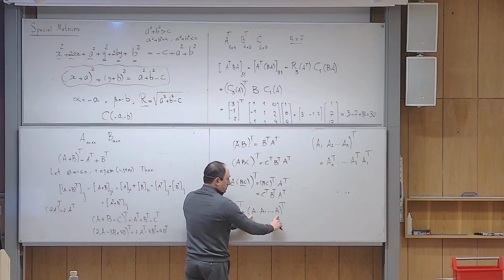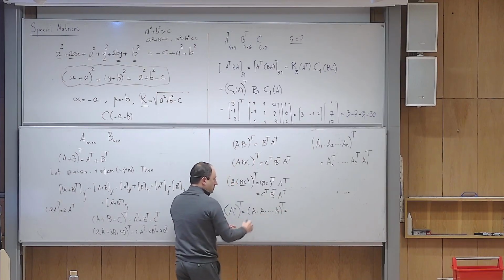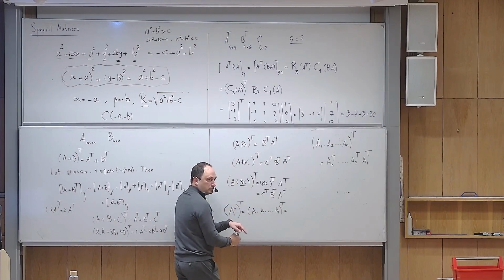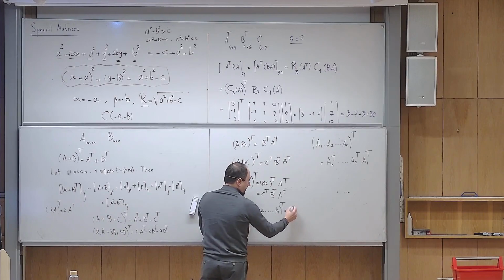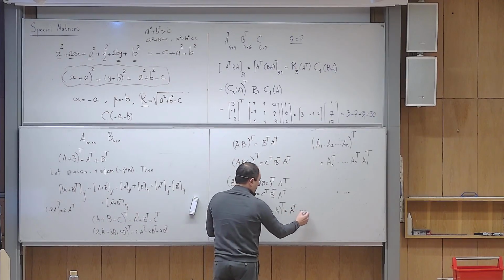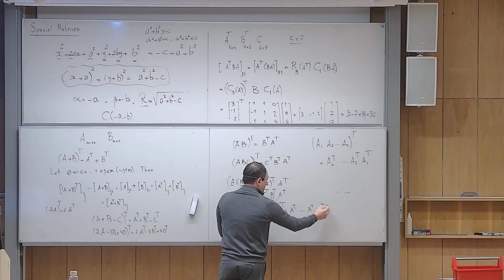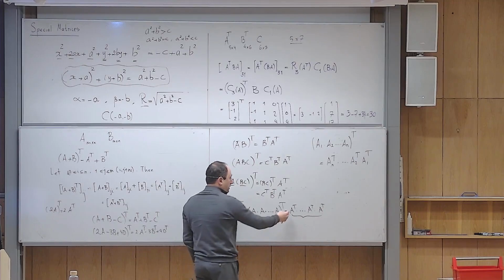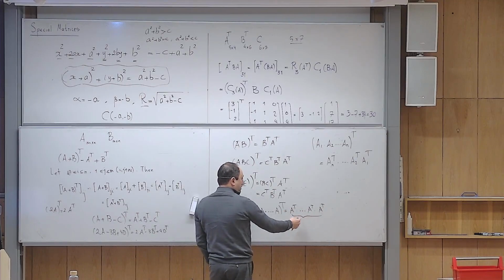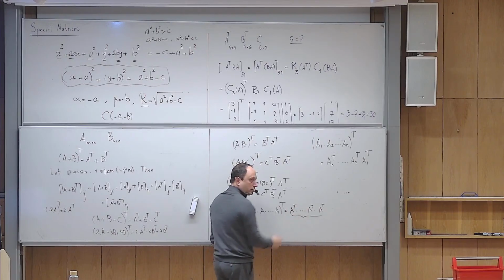This is a product. I want to transpose it. I am allowed to transpose them individually, but I have to reverse the order. But in this case, order doesn't matter because even if I start from the last one, this becomes A transpose, and then I can continue here, A transpose, A transpose. Then if I ask you what you are looking at right now, you are looking at a product involving n factors of A transpose.